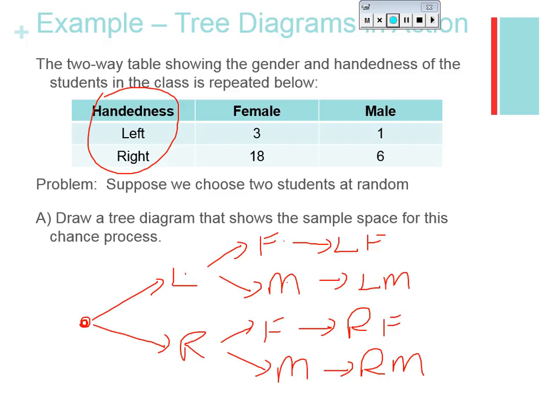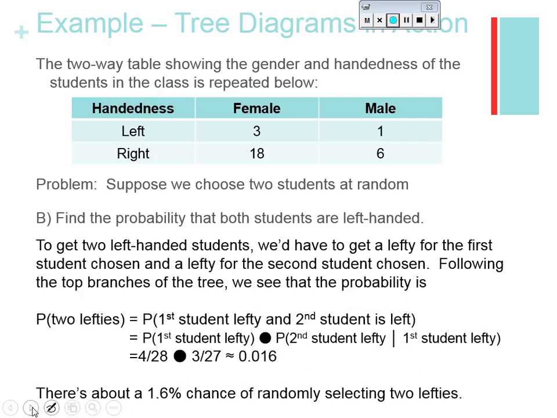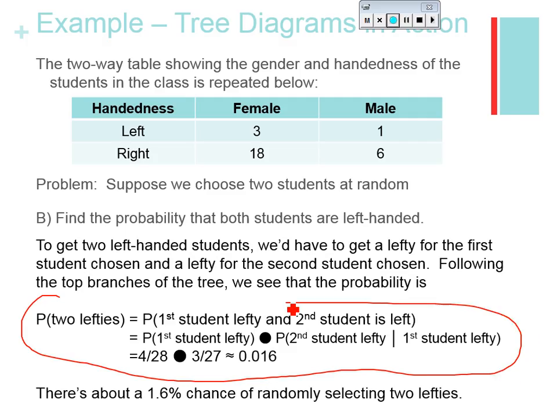So those are some different questions that come up with two-way tables and probability. A question here says, find the probability that both students are left-handed. If we're using the multiplication rule for this, I'm going to show you a formula for it in a moment.